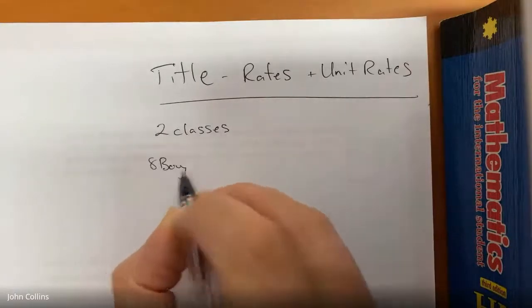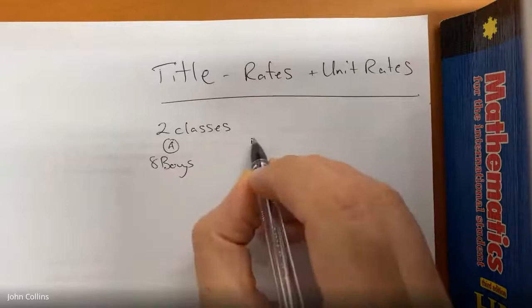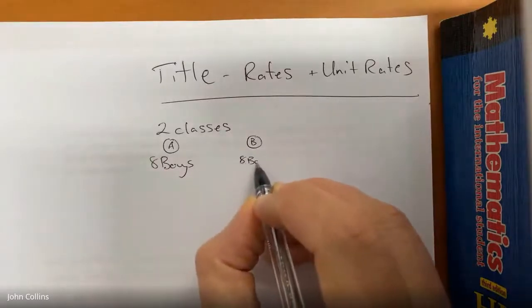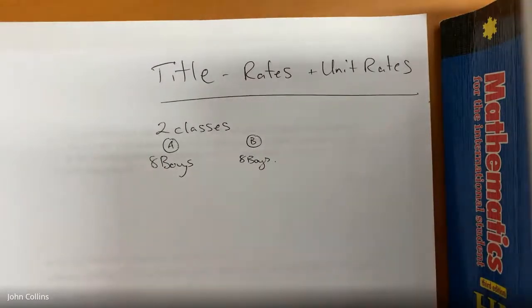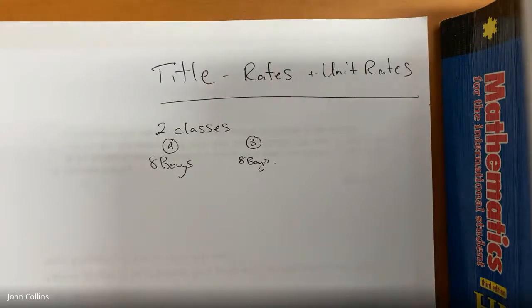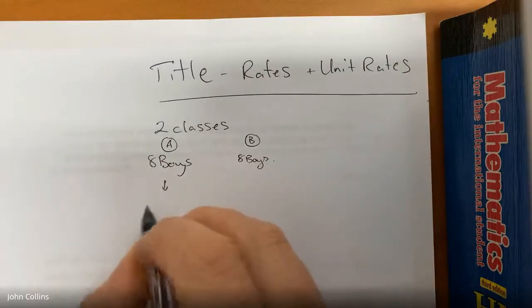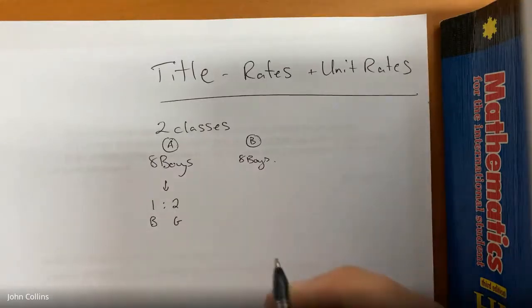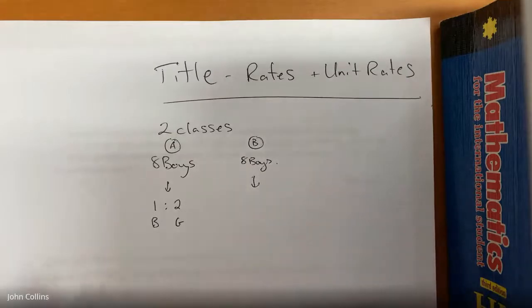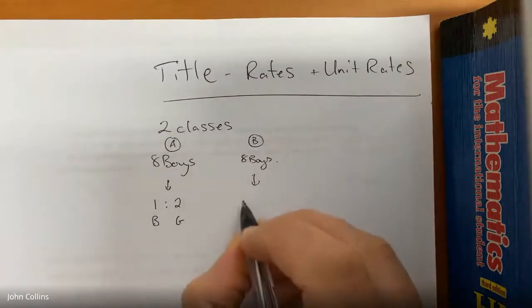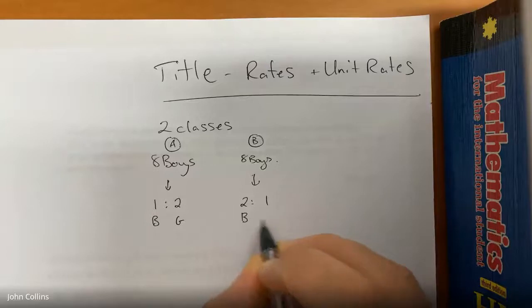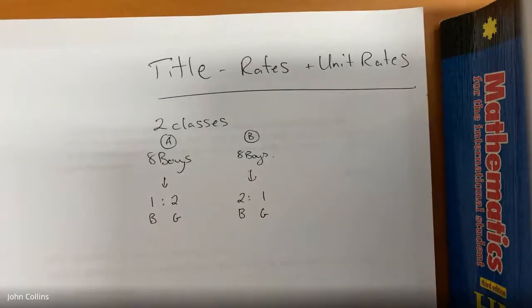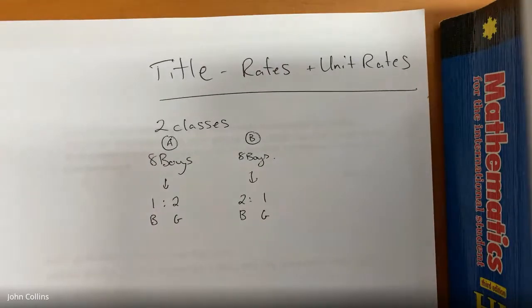So let's call one class A and another class B. In one class, the ratio of boys to girls is 1 to 2, B to G. And in the other class, it's 2 to 1, boys to girls. Remember, this is the blue level, so a problem-solving question with words. If the 2 classes combine, what will be the new ratio of boys to girls?